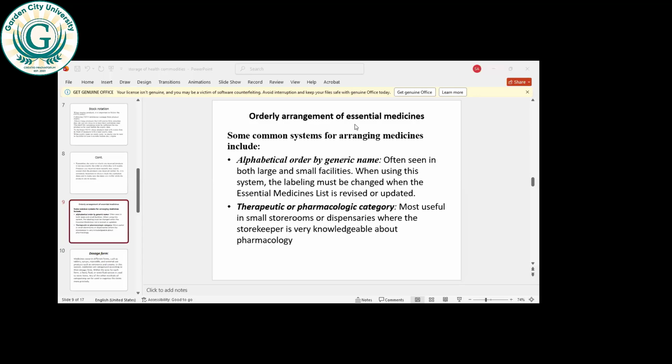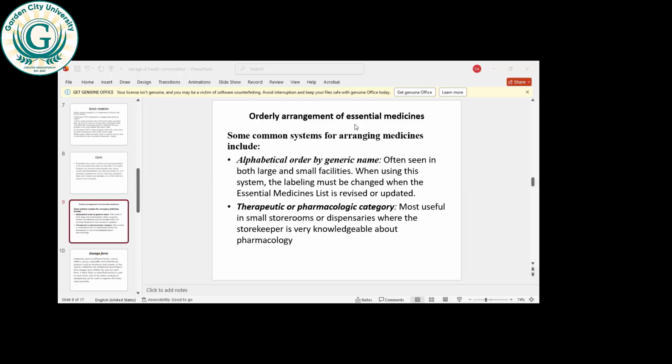Then we have the therapeutic or pharmacologic category, most useful in small storerooms or dispensaries where the storekeeper is very knowledgeable about pharmacology. So you can arrange them according to therapeutic category.